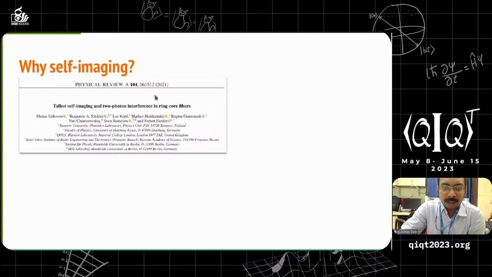So the core of the fibers are like rings. If you take a cross section, the core is a ring, an annular region with a high refractive index. The central part is low refractive index, and outside the ring, you again have a low refractive index.